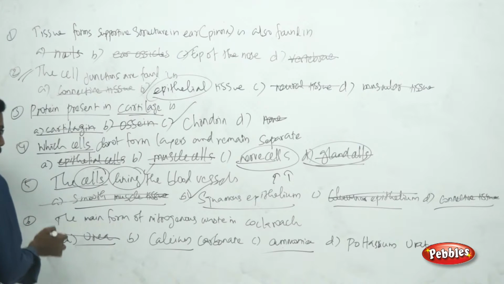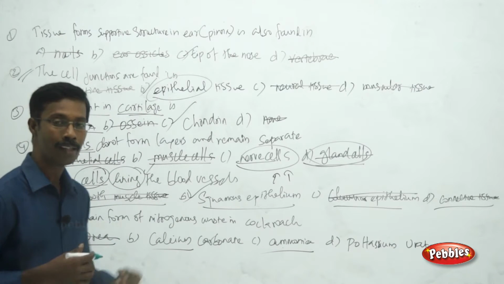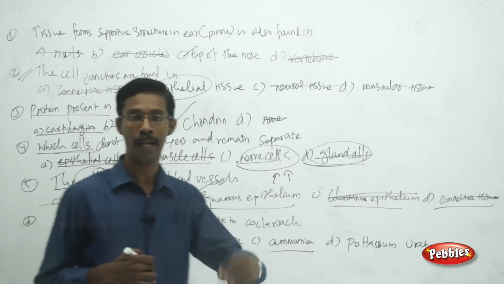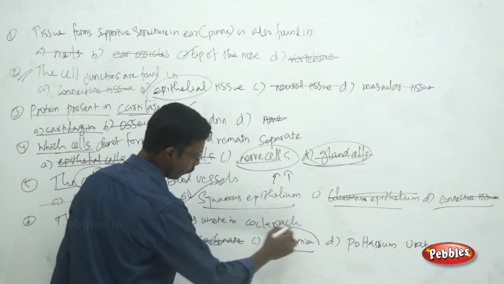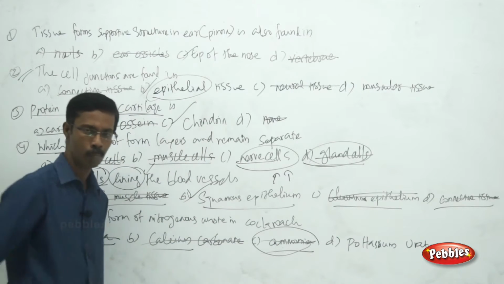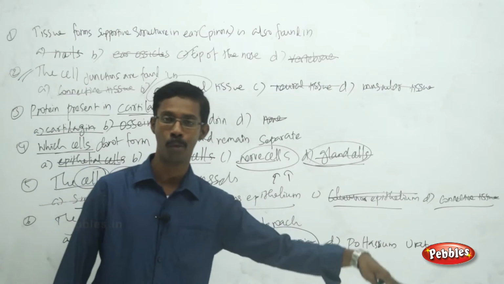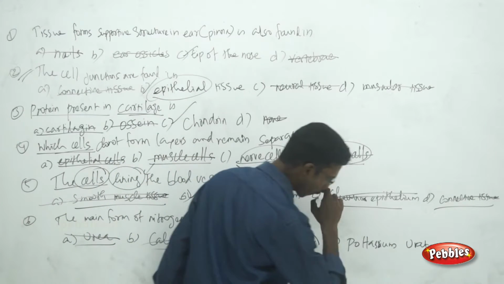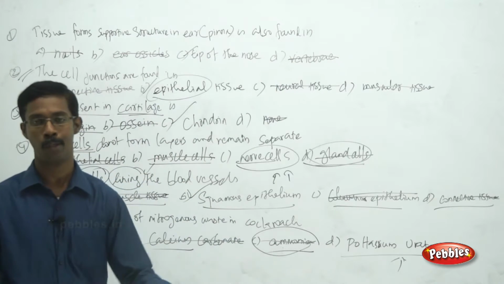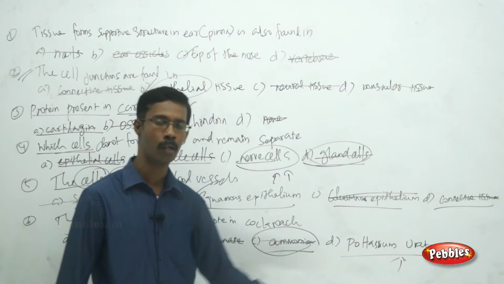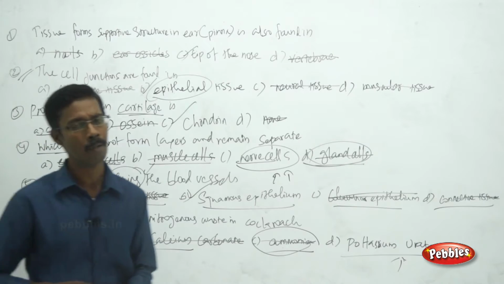This is not the correct answer because they are not ureotelic, they are uricotelic, uric acid animals. So you can easily eliminate the calcium carbonate. They will not excrete ammonia. They will convert the ammonia into uric acid. Urate refers to uric acid over here. So the answer over here is potassium urate.